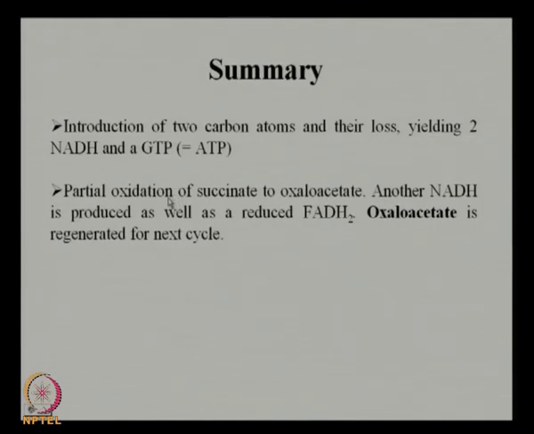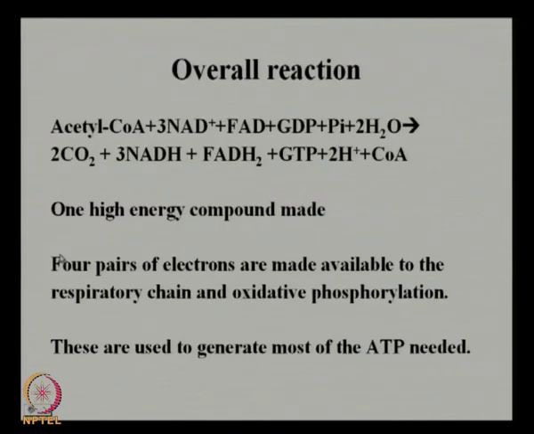Now, if we see the summary of this particular reaction, there is introduction of 2 carbon atoms and their loss, yielding 2 NADH and a GTP, or ATP equivalent; partial oxidation of succinate to oxaloacetate, where another NADH is produced as well as a reduced FADH2; and oxaloacetate is regenerated for the next cycle.